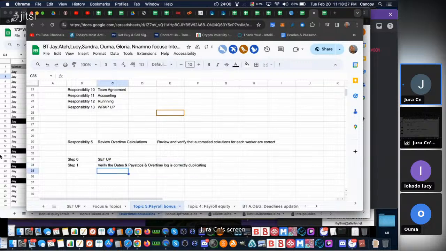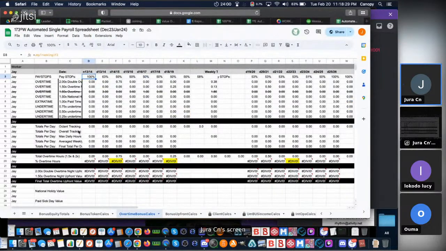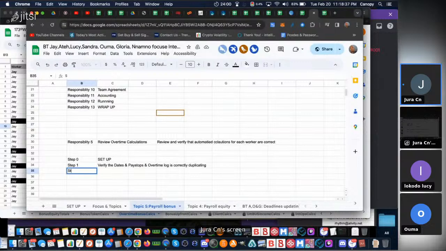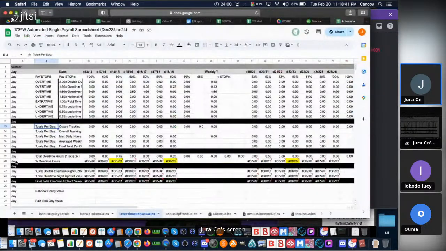It's like duplicating the information from the other tab, right? Yeah. So then we have the totals per day. This would be step 2, totals per day. Totals per day is going to be different.